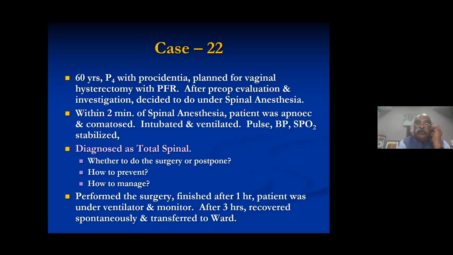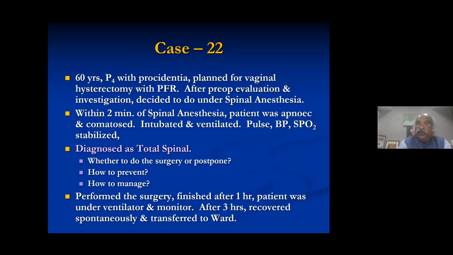60 years, para 4 with procidentia, planned for vaginal hysterectomy with PFR. After pre-op evaluation and investigation, it was decided to do it under spinal anesthesia. Within 2 minutes of the anesthetist giving the spinal drug, the patient was apneic, and BP and pulse vanished. She was intubated immediately, ventilated, and cardiac massage was given.